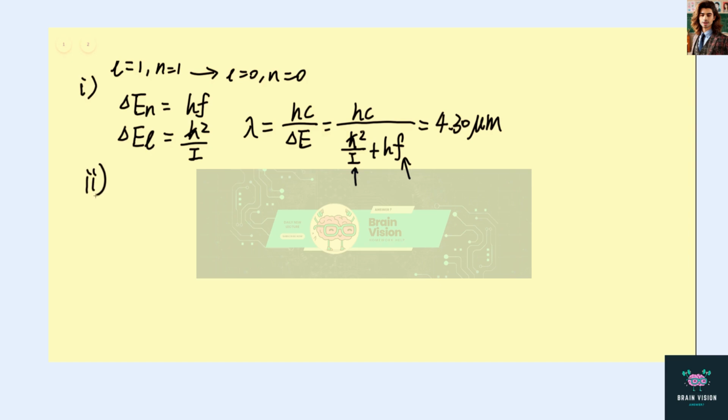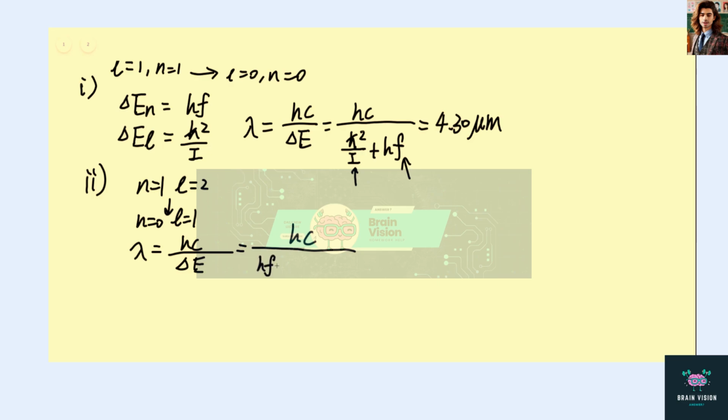The second question, we have n equals 1, L equals 2 to n equals 0, L equals 1. So in this case, most things are the same. We still have n equals 1 to n equals 0, so the vibrational energy is the same. It's still hf, but the rotational energy is different. In L equals 2, we have 2 times 3 times h bar squared over 2I.